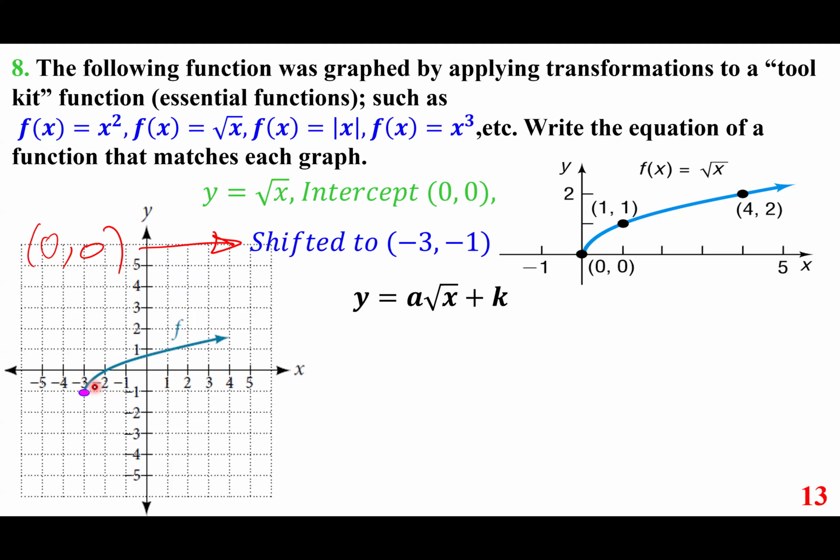That's the meaning of it. And k, it's been shifted down by 1. So you put plus 3 here, -1 here. Remember, x plus 3 means shifted to the left, and -1 means shifted down. So shifted to the left by 3 units, shifted down by 1.